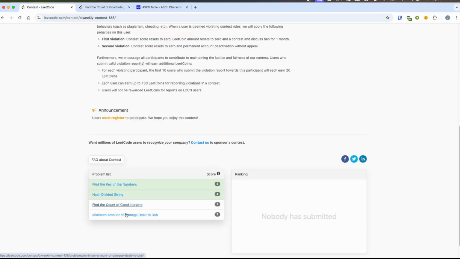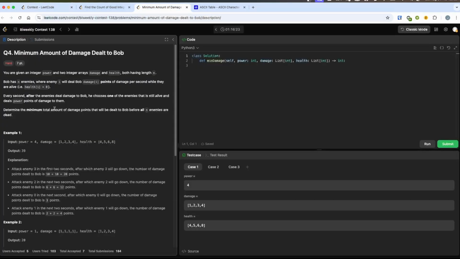What's the last problem? We're given an integer power and 2 integer arrays, damage and health. Bob has n enemies, and for each enemy, it will deal damage while they are alive.